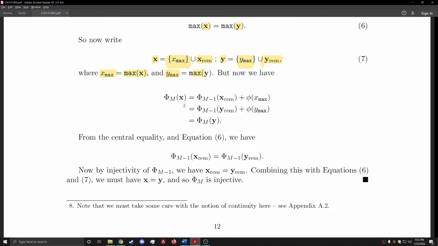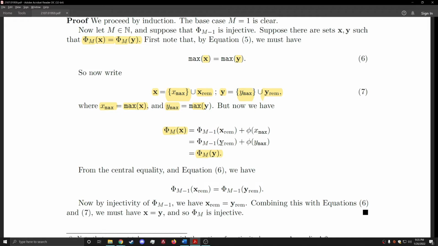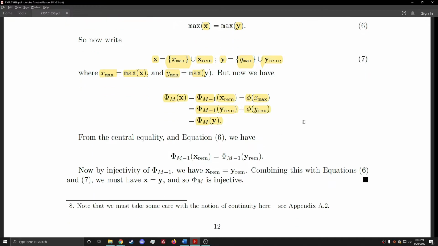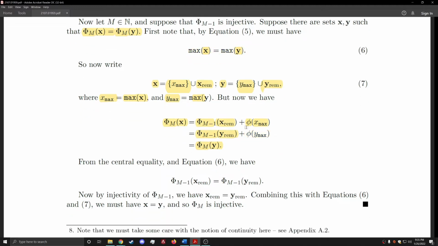And now we're going to have these two. These two are going to be the same, and we're going to break these down into this little subspace thing that we have right up here. So as we look at this, we're going to have our phi of m minus 1, which is the remainder, plus the single input that is going to be x max. We're going to do the exact same thing for y. But the max of x and the max of y are the same. So this phi y max and phi x max are guaranteed to be the same because of equation 6 right here.